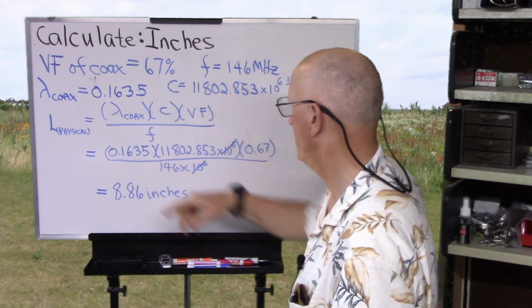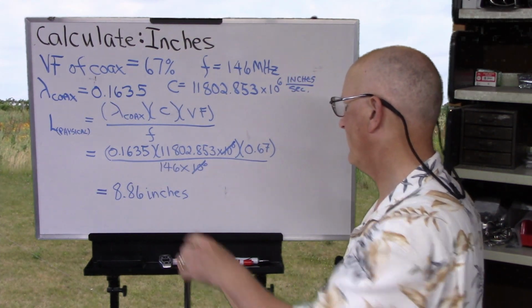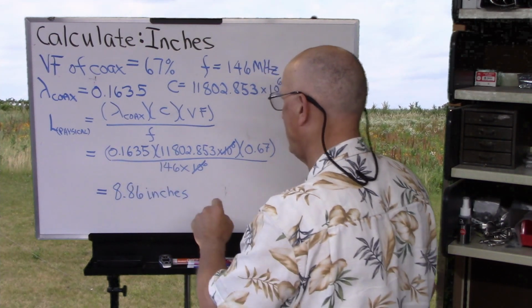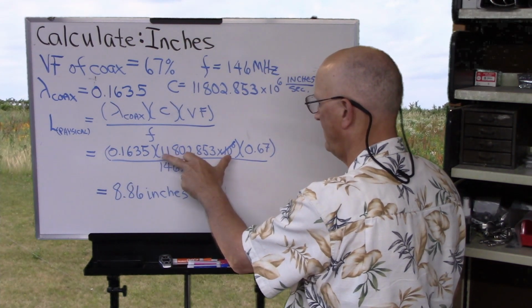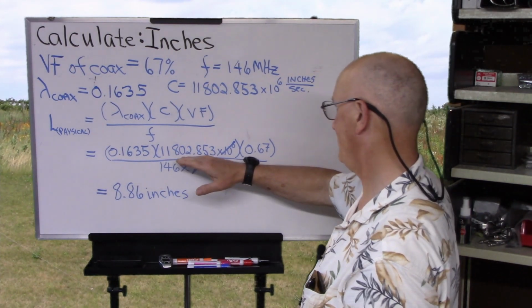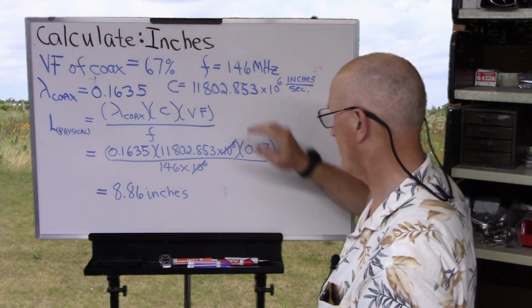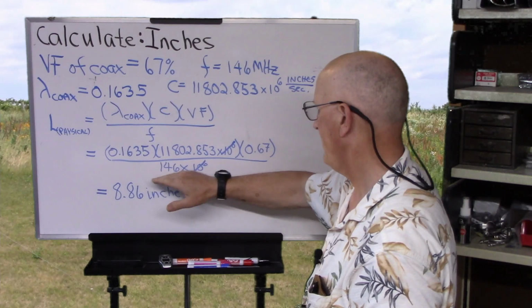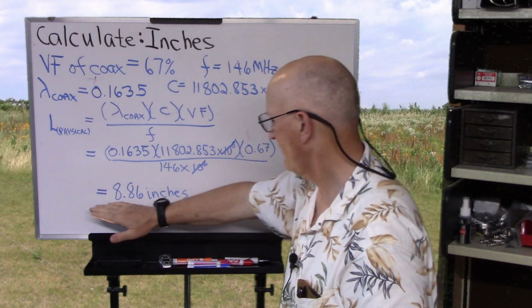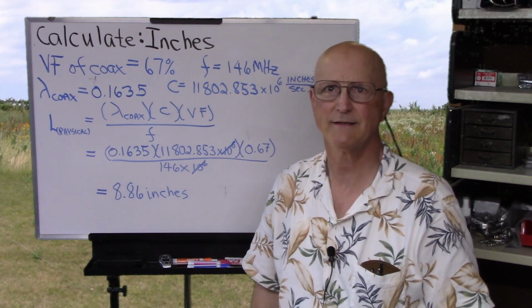So we multiply the 0.1635 times the speed of light in millions of inches per second times 0.67, which is the velocity factor of our coax, divided by 146 million cycles per second, and we end up with a physical length of coax of 8.86 inches.